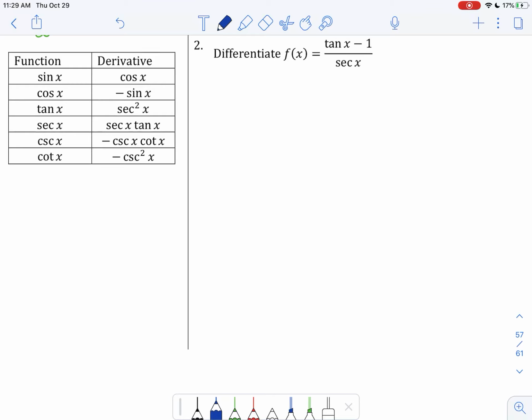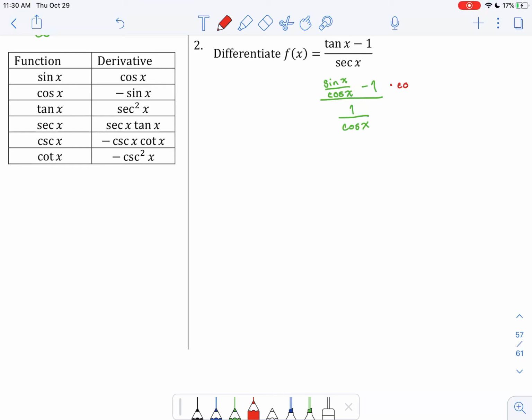This is what I do in the PDF. Just to point out that there is an alternative, which is you can rewrite them in terms of sine and cosine. So then we have sine x over cosine x minus 1 all over 1 over cosine of x.